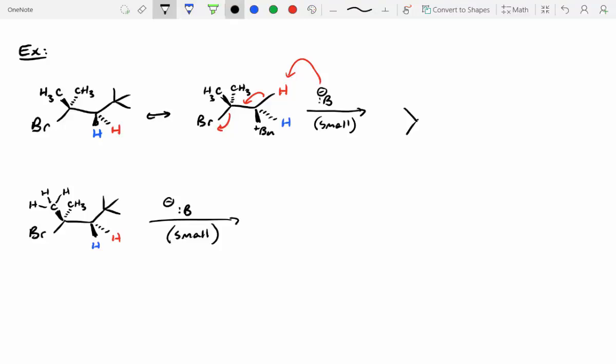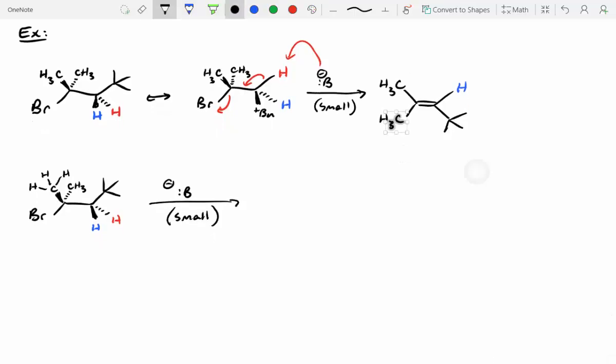So now our final product will still have this blue proton on there. And there we go. So that's one product.